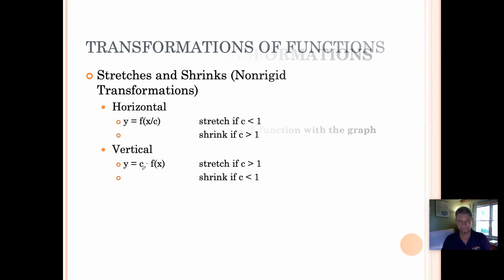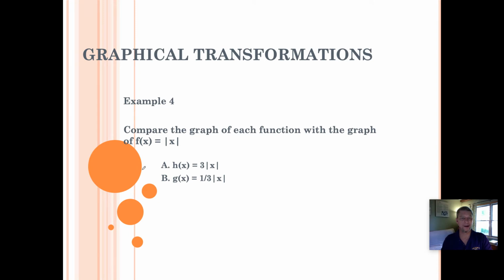Okay, so let's look at an example here. Compare the graph of each function with the graph of f of x equals the absolute value of x. Remember, absolute value means that we're looking at the value of x and just looking at its distance from the point 0, 0.